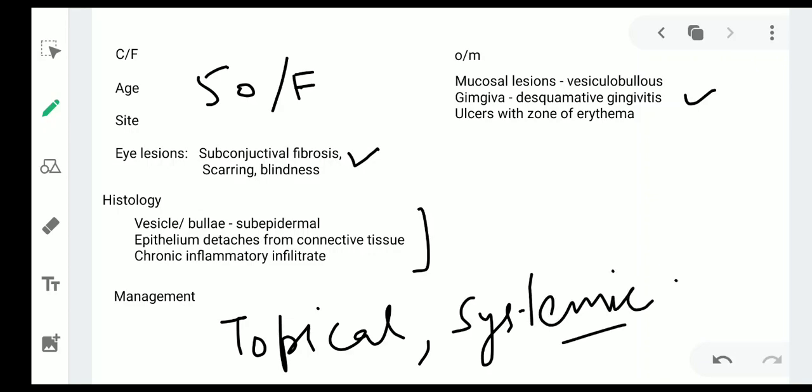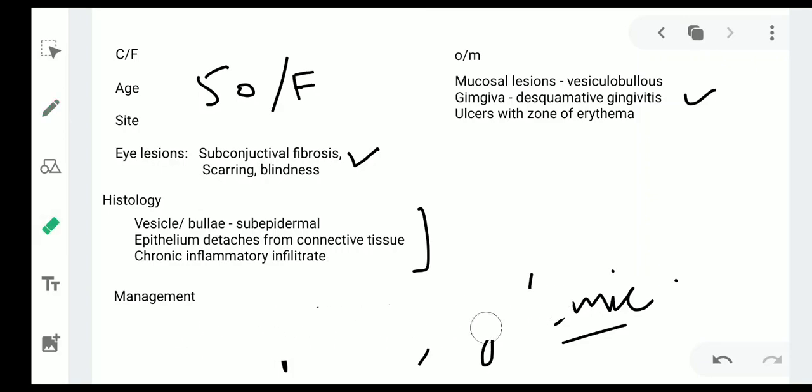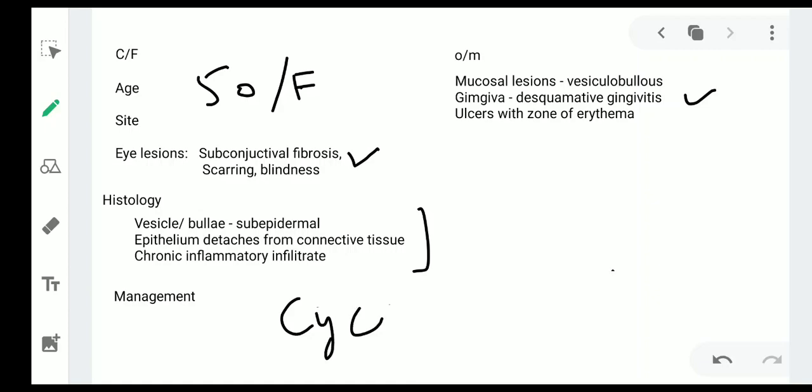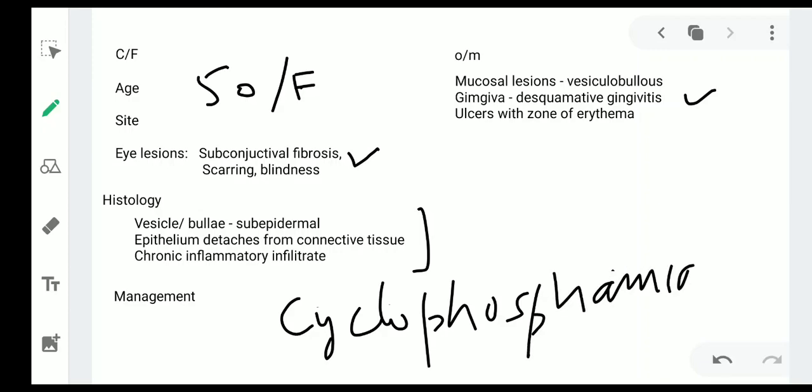In the topical therapy we give topical steroids, and in the systemic therapy cyclophosphamide is given. So this concludes bullous pemphigoid and mucous membrane pemphigoid. Next, in the last part, we are going to discuss pemphigus.